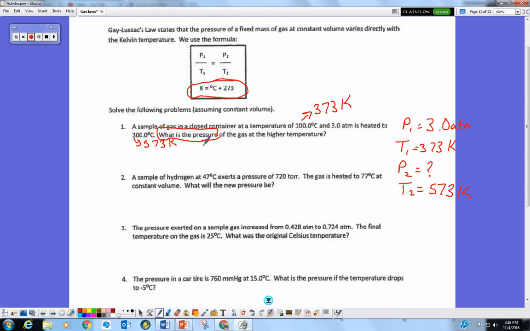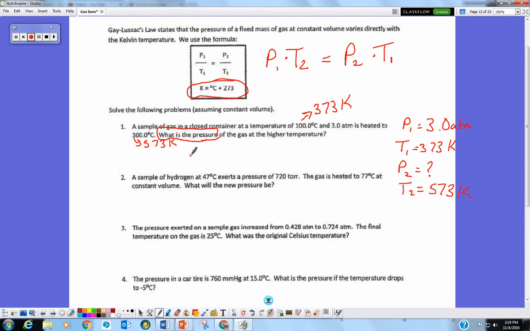So let's go ahead and plug it into the equation, and like I did before, we can also write this as P1 times T2 equals P2 times T1. This says the same thing as this. It's just easier to manipulate it in this format. So I'm going to go ahead and write out my equations, plugging in my numbers.